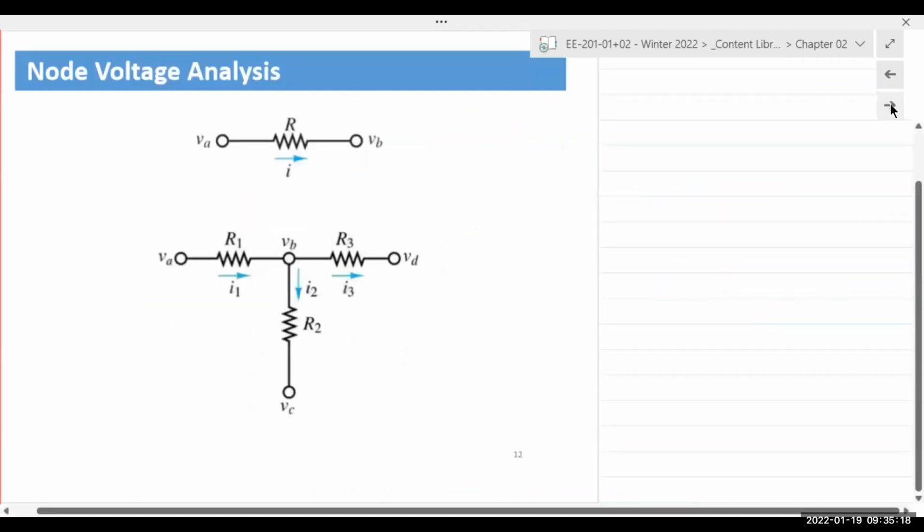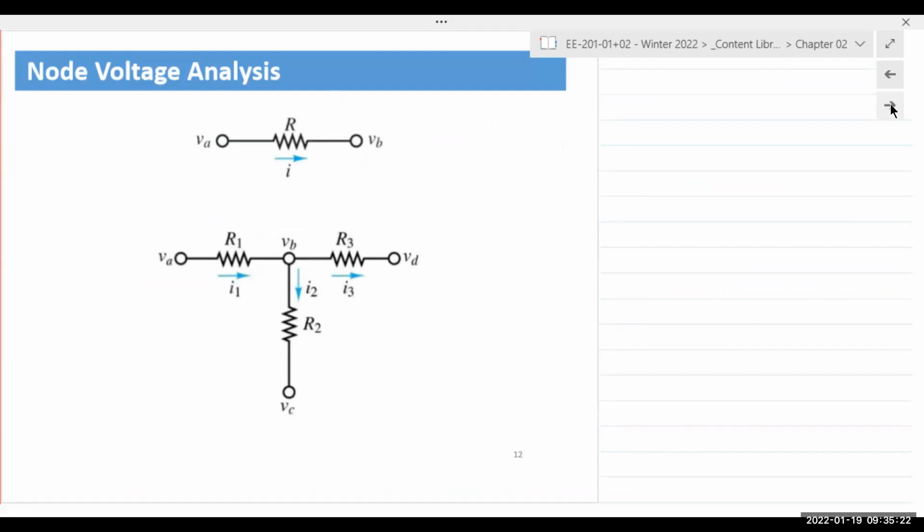Okay. So for node voltage analysis, any other questions from anyone about any of these concepts before I move on? Okay. All right. So for node voltage analysis, again, the whole purpose of these analysis techniques is so that we can solve for the unknown voltages and currents mathematically, meaning we need to write mathematical equations.